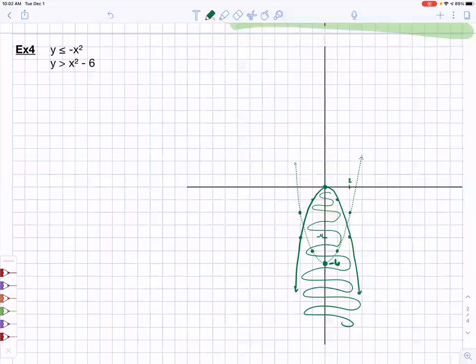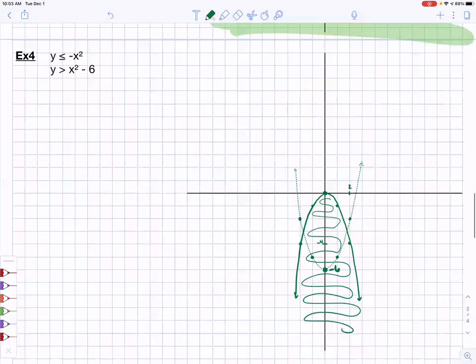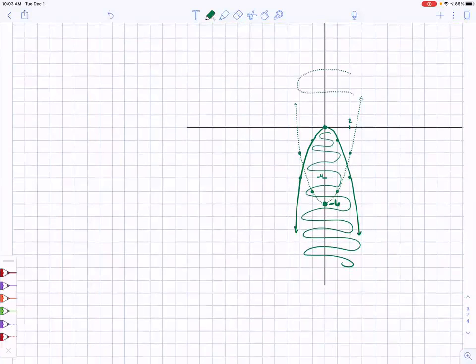All right. And how do you want to do your shading? Y is alone. And so what are you going to decide for shading? Above and on the inside of that dashed parabola. Good.